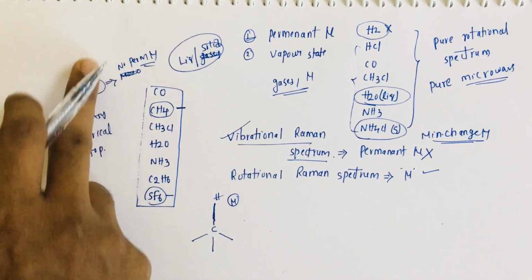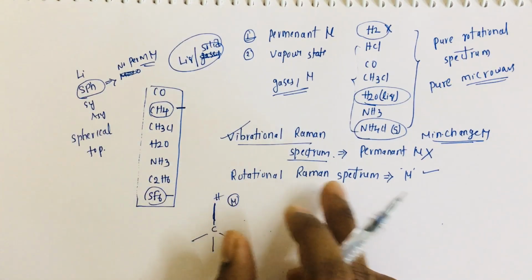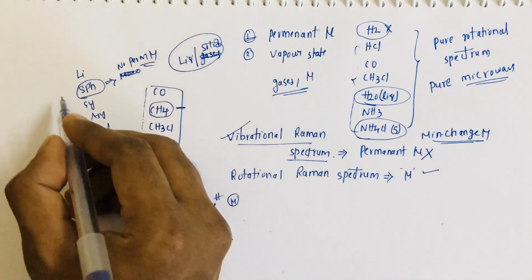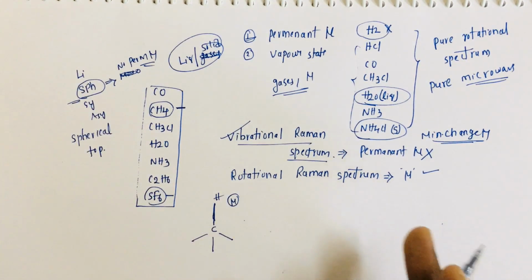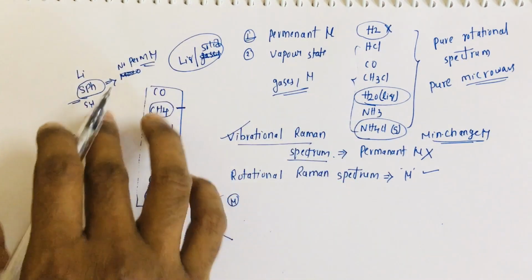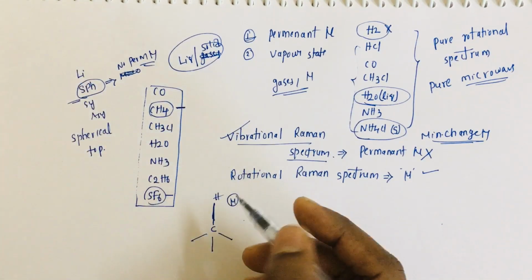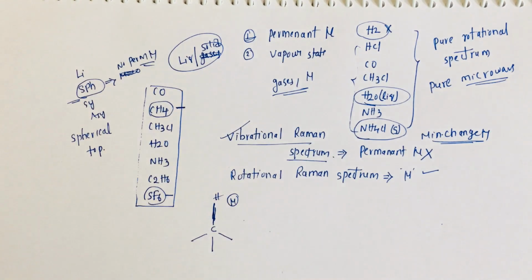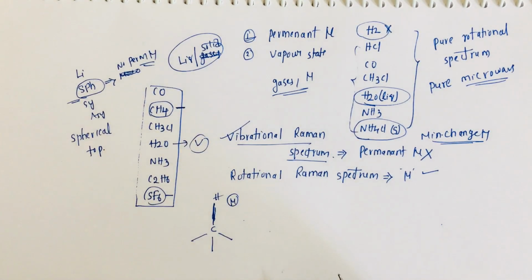So what we need to remember here: spherical top molecules are inactive in the rotational Raman spectrum because they do not have a permanent dipole moment. But for the vibrational Raman spectrum, all these compounds are active, because when we stretch the bond we can produce a little bit of dipole moment. And all the compounds which have a V shape are active in the microwave.